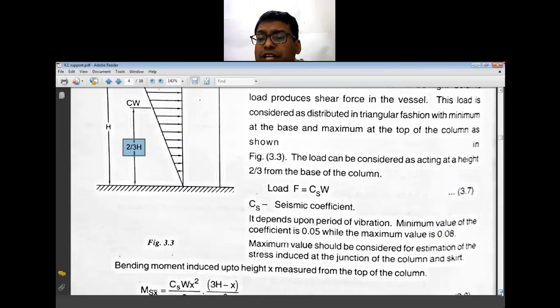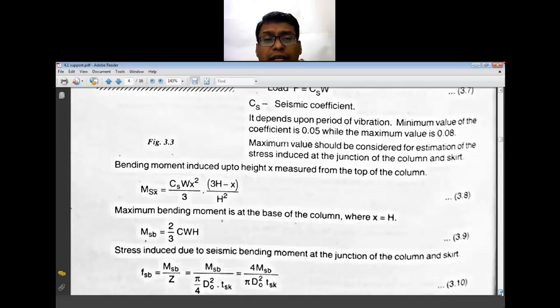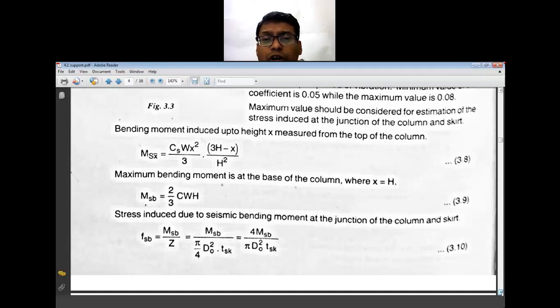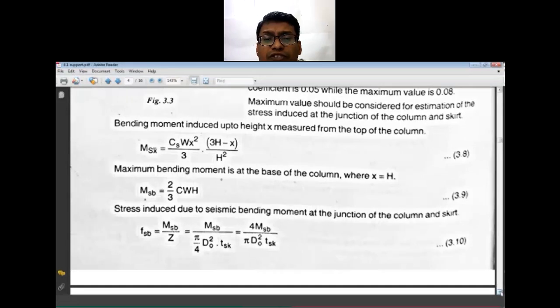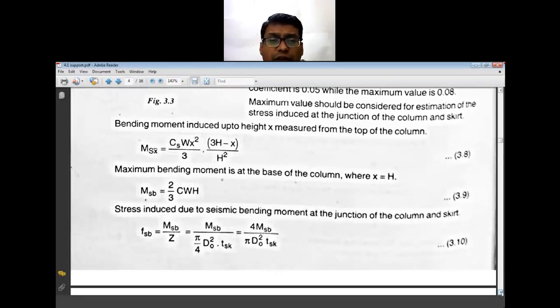So if that is what we have taken, Mw into h by 2. Now in this case it is the uniform wind load which is acting on this vessel. The same magnitude is to be considered, even though some may look at a different length or different magnitude, but the resultant has to be taken at half the distance.